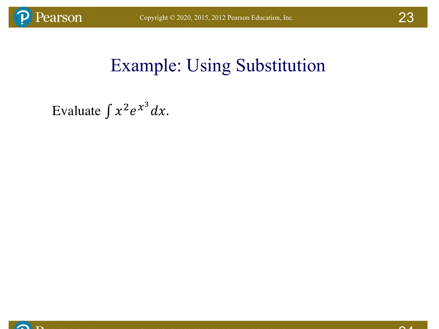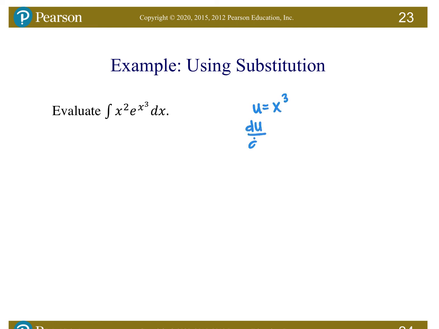We've got the word "of" here because we have x to the power of 2 and e to the power of x cubed. So we have two "of"s, and we would choose the one with the higher power. So u is chosen to be x cubed.